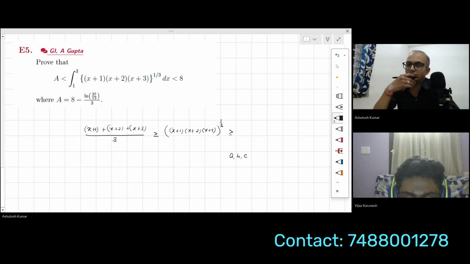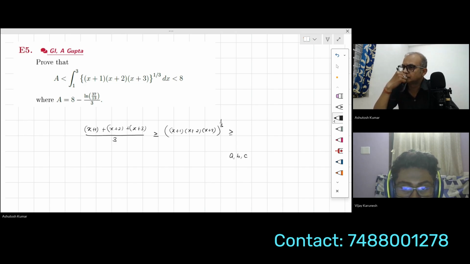What is the idea of finding it? Suppose I have two numbers. How do you find the harmonic mean? Arithmetic mean of the reciprocals.